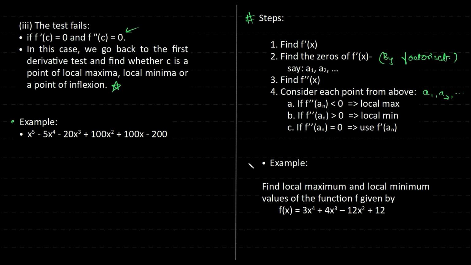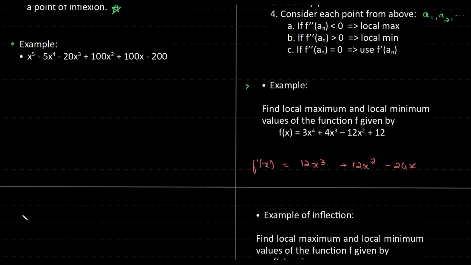So I'll give an example that will make it very clear. This is f prime of x equal to 3x to the power of 4, and so on and so forth. We have done this before also. It's the same example. So the first derivative will give us this set of values. And then factorization. I'm not going to do the factorization and all that.